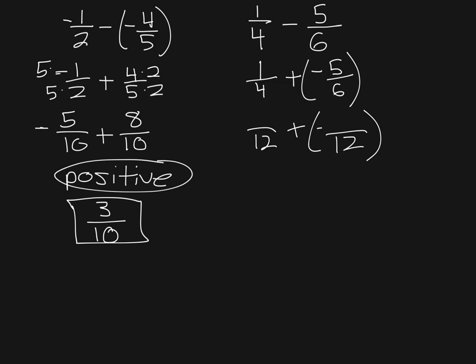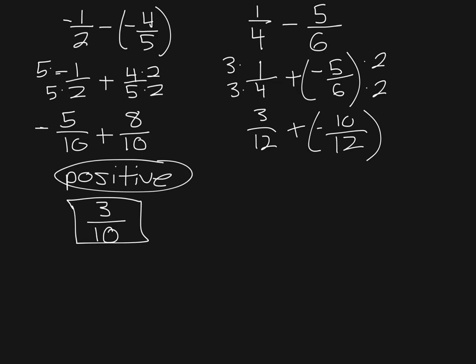So I'm going to change both of those. 4 times 3 is 12, so I'll multiply 1 by 3 and get 3. And I know 6 times 2 is 12. 5 times 2 will give me 10. So I have 3/12 plus negative 10/12.